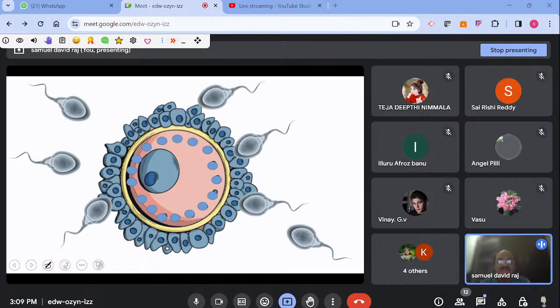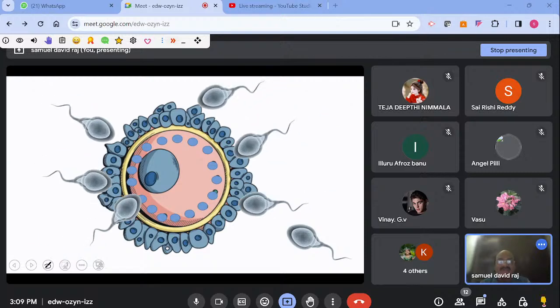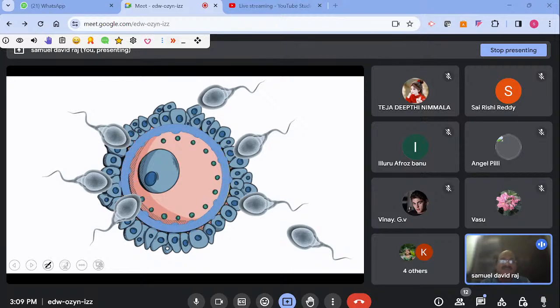Once one sperm enters the egg, all the cortical granules release their contents and form a fertilization membrane around the penetrating sperm, so that other sperms are prevented from entering. Thus, polyspermy is not allowed.